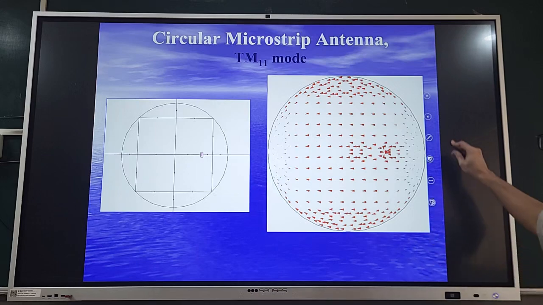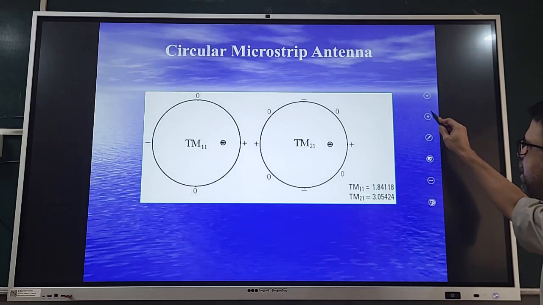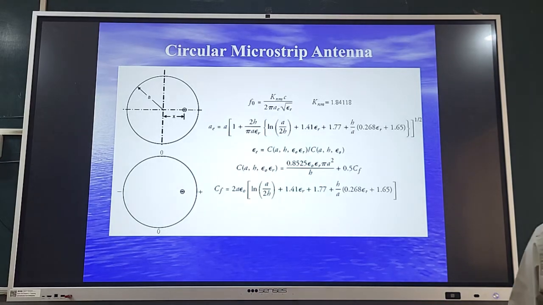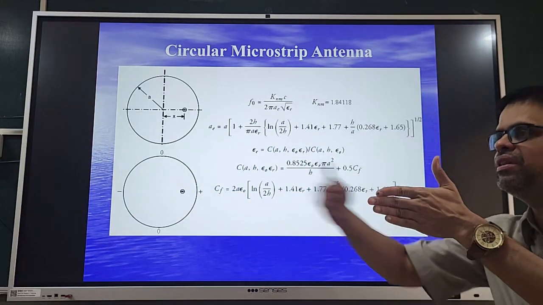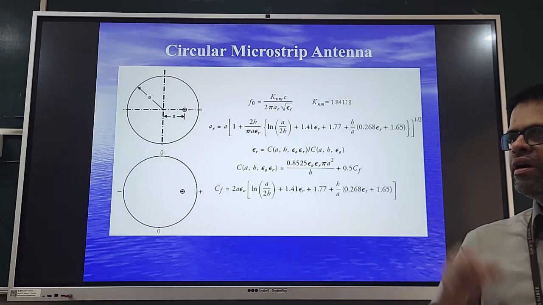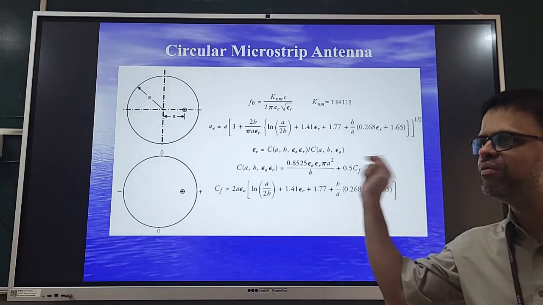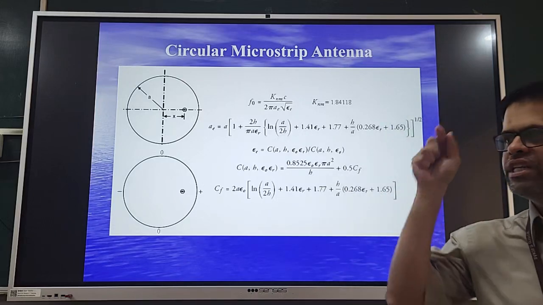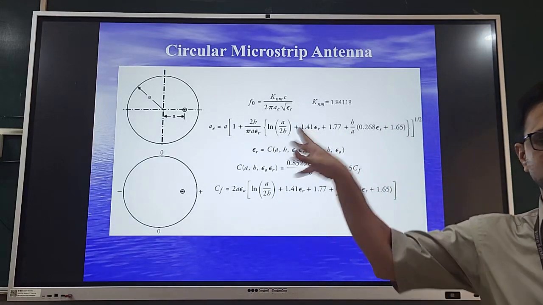In case of the circular microstrip antenna, Knm decides the relation between the fundamental and higher order modes. At the fundamental mode, Knm is 1.84118. At the next mode, that is TM21, Knm is 3.0542, 3.x something.